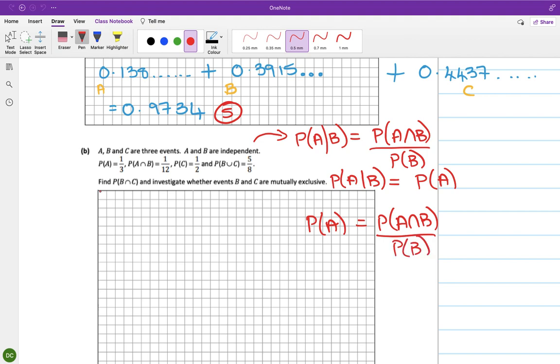So that gives me the probability of A intersection B is the probability of A times the probability of B. Okay, which you could obviously just learn as well.